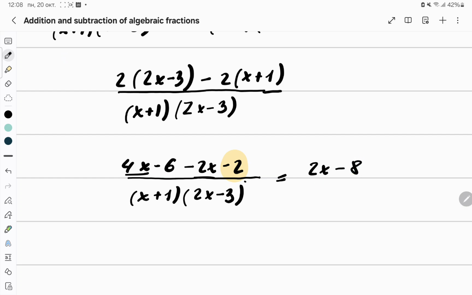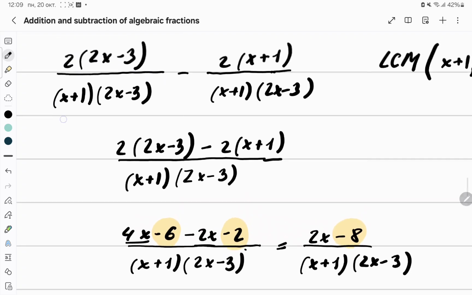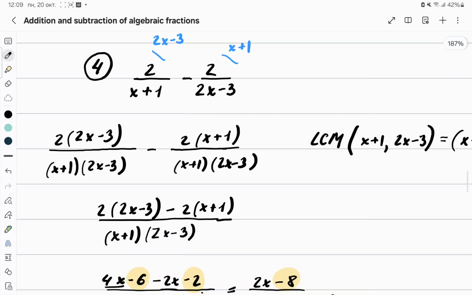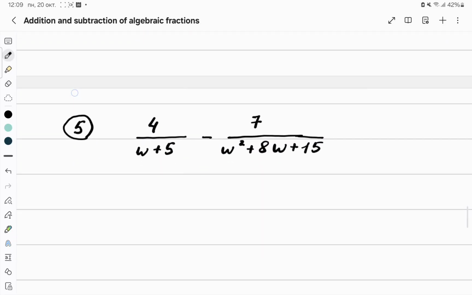And for the denominator, we're just copying the denominator, x plus 1, 2x minus 3. Okay, so now we have answered the question. So again, we considered the common denominator, and we are ready for the last question for this lesson.